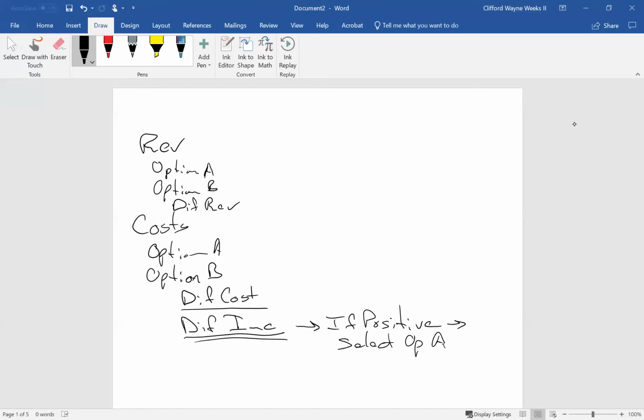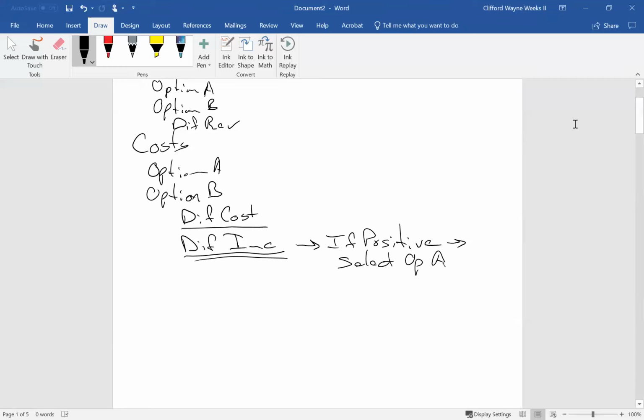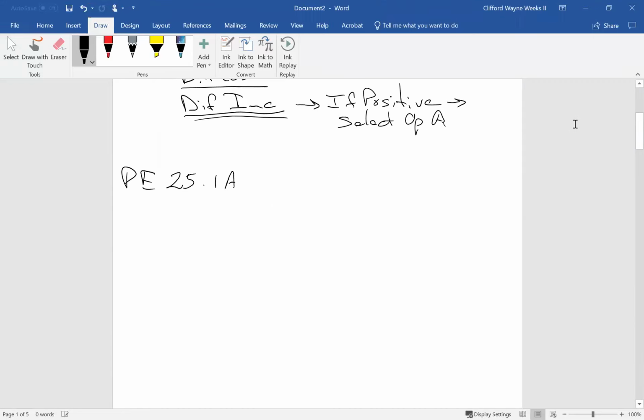Using this methodology, I want to highlight some of the decisions that a business might make. The first one I want to work is PE 25-1A. This problem basically says Duncan Company owns a machine with a cost of $75,000 and accumulated depreciation of 15.